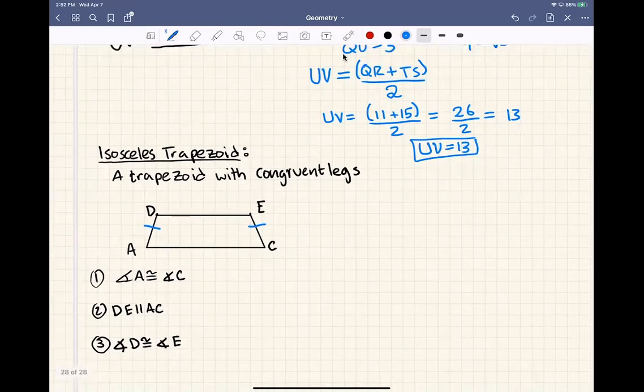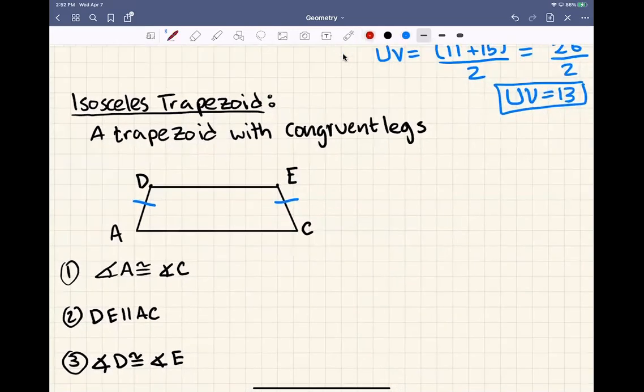It still carries that DE is still going to be congruent to AC, right? But now we know that the non-base angle pairs. So if D and E are base angles, right? So a pair that's non-base, so A and C, these are going to be congruent to each other.